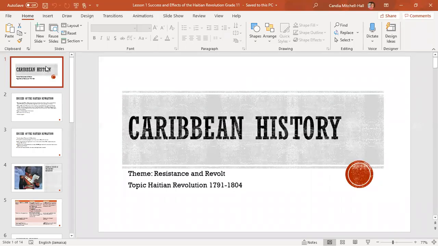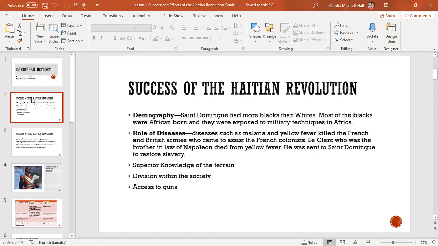All right, so for today's class, we're going to continue the group presentations with the various groups, and we are wrapping up the Haitian Revolution, 1791 to 1804. Last class, the first group looked at why the Haitian Revolution was successful.